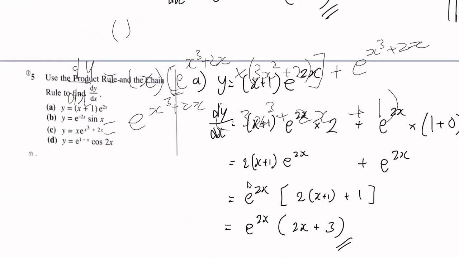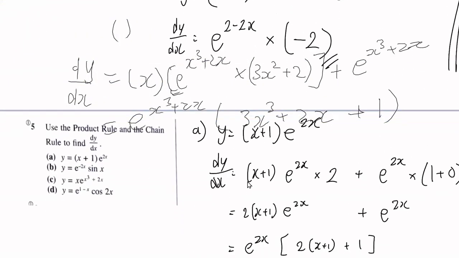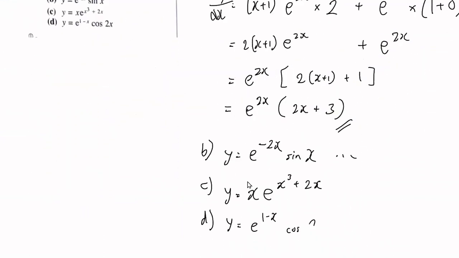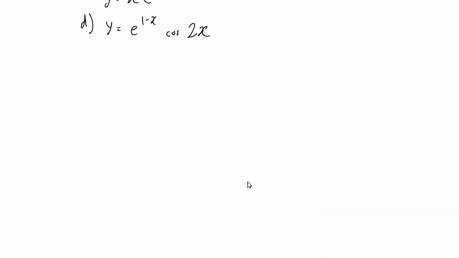Next example, e power 1 minus x times cosine 2x. You want to try or I demonstrate? I try. Okay, try. Go. Product rule.